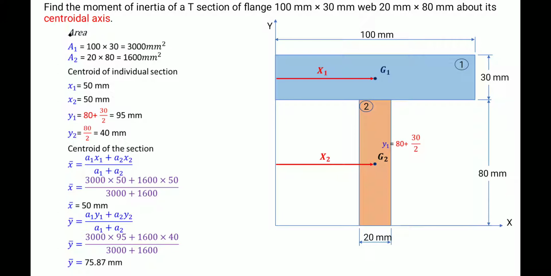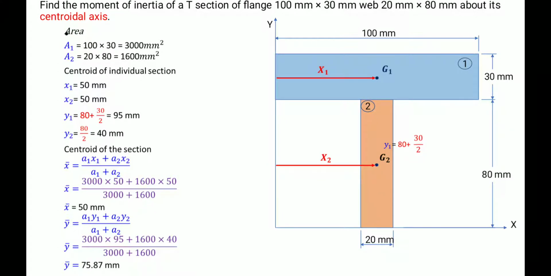Why? Because of symmetry: the total is 100, the middle portion is 20, so the remaining two sides are 80, that is 40 on each side. 40 plus 20 by 2 plus 40, that is 50 mm.